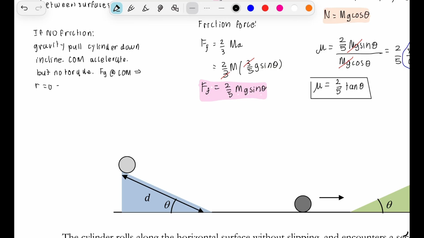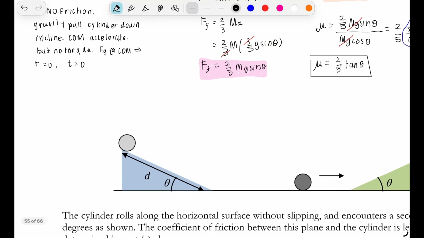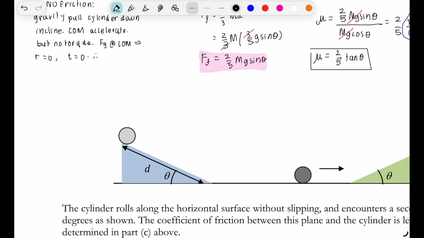So that means that torque is equal to 0. Therefore, it would slide. And also the bottom would slip backward relative to the surface.